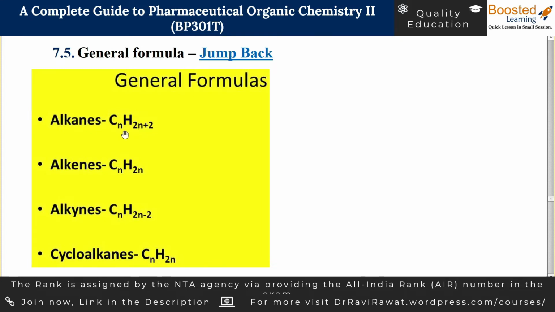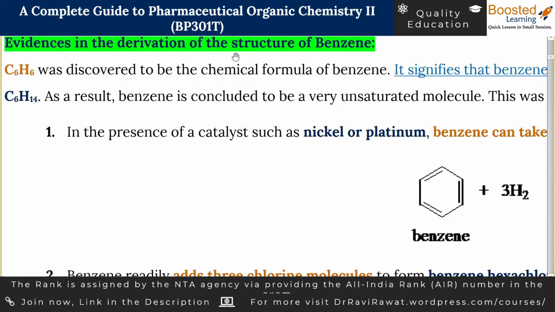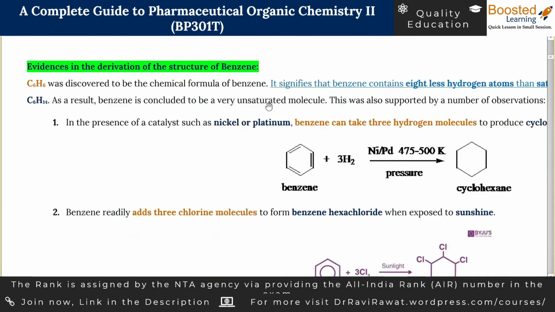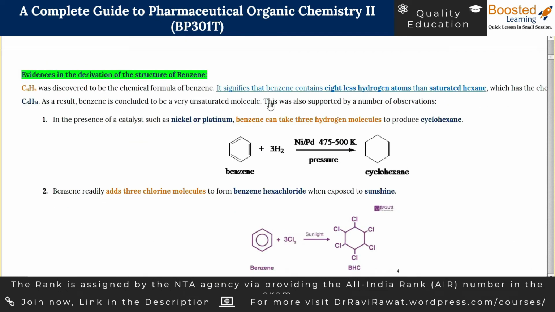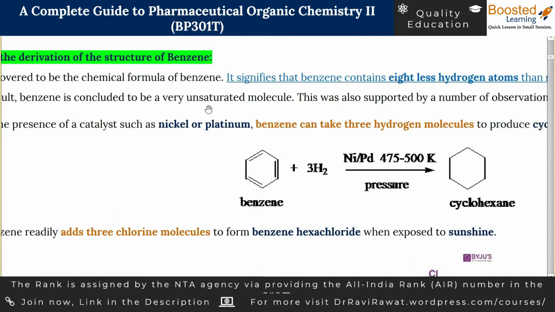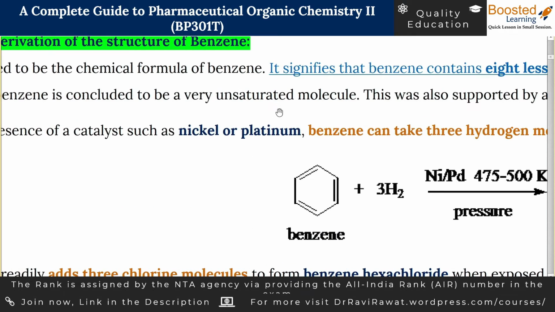That means if benzene is made up of 6 carbons, then if it was an alkane, the number of hydrogens should be at least 14. So by comparing the molecular formula, they were very clear that benzene is a very unsaturated molecule. That means there is a lot of unsaturation in this molecule. Unsaturation means presence of double bonds. This was the first hint.